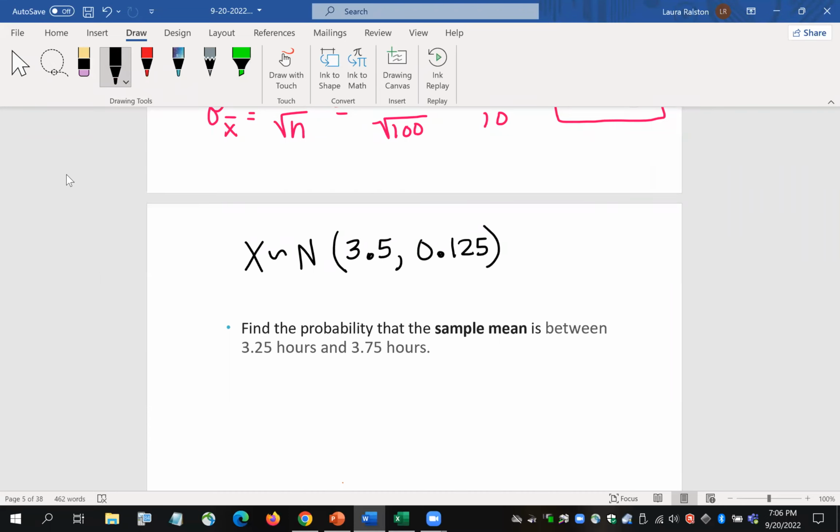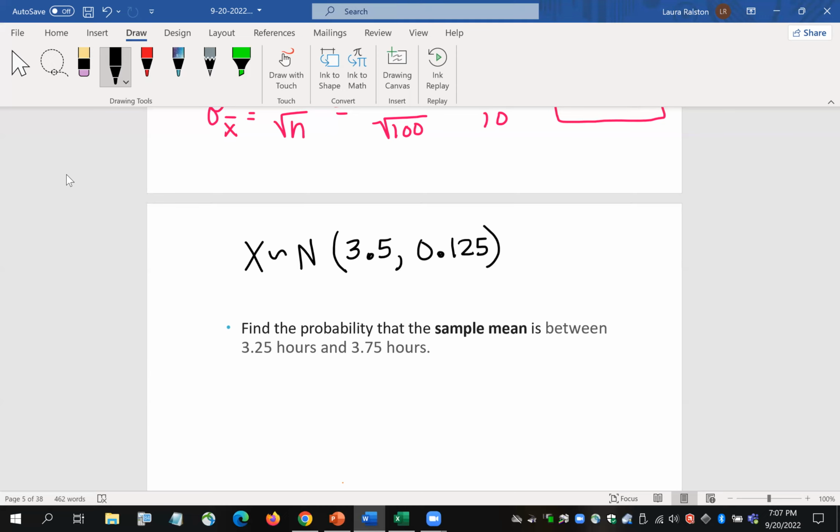Okay, so this says find the probability that the sample mean is between 3.25 hours and 3.75 hours. Notice this one says probability that the sample mean.